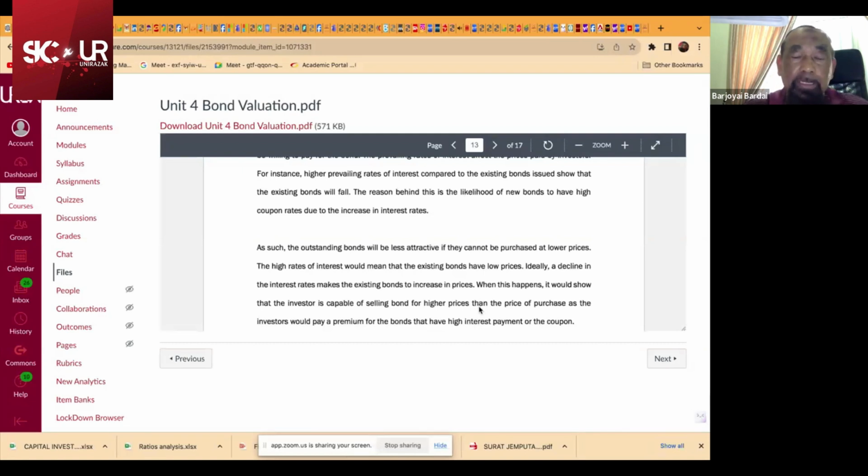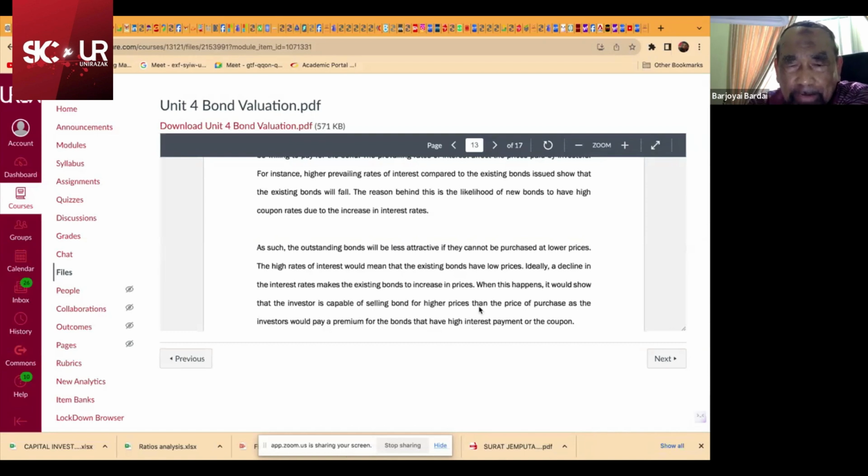And what they do is they invested the money in the bond, and the bond was giving a rate that was based on the OPR at the time of issue. So at the time of issue, the interest rate in the US was low, and so the coupon rate was also low.